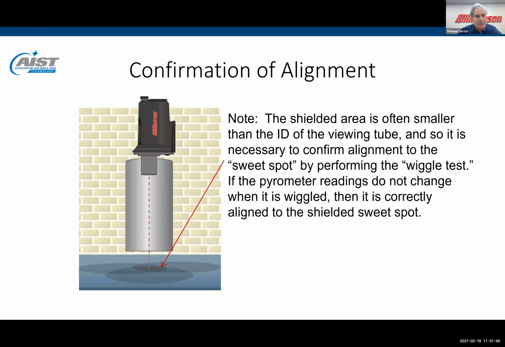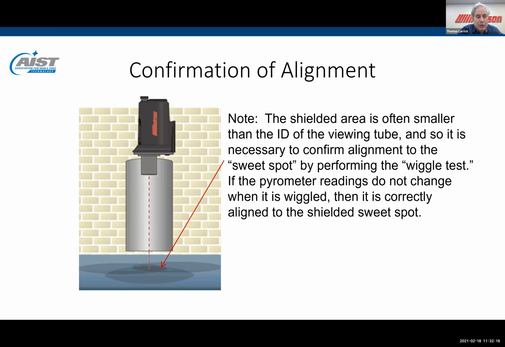Here's an image that shows what that tube is doing. The tube shields an area on the strip from the hot background, but the shielded area is actually smaller than the diameter of the tube. So it's not good enough for the pyrometer to be aligned simply to view through the tube. It must be aligned to view through the center of the tube.